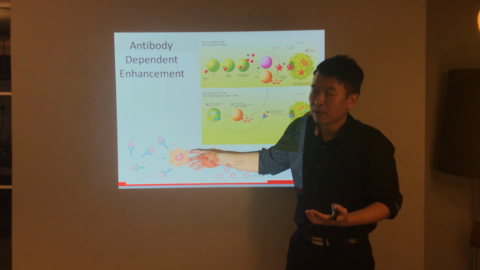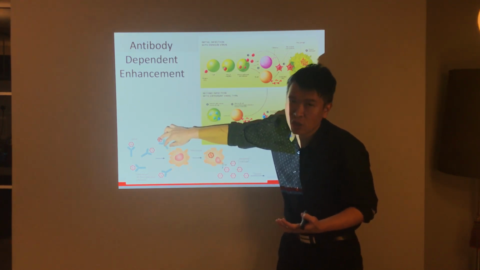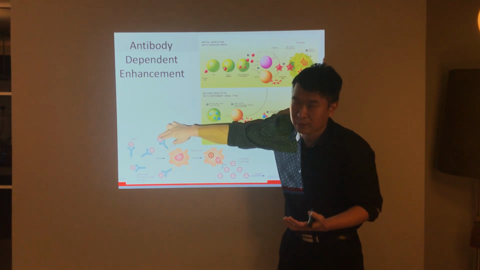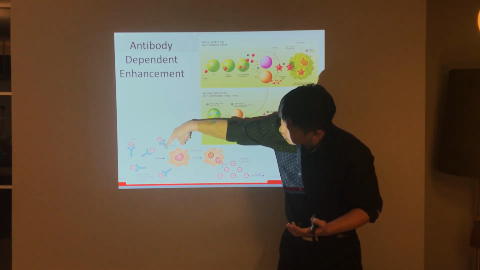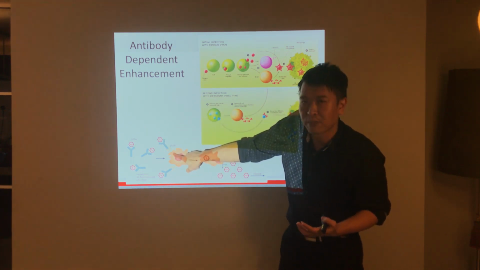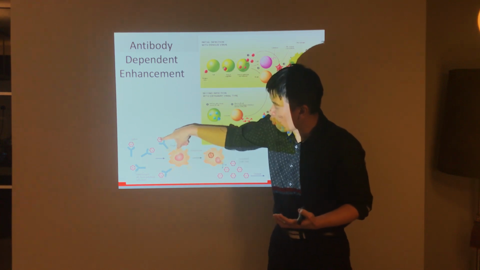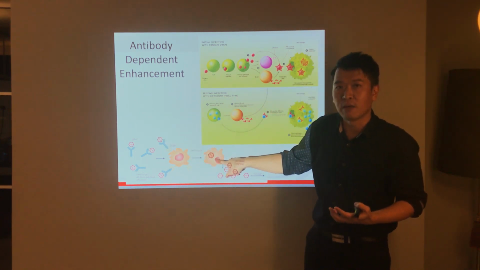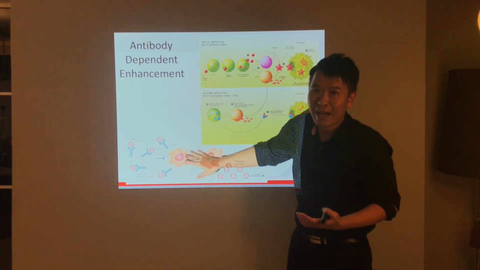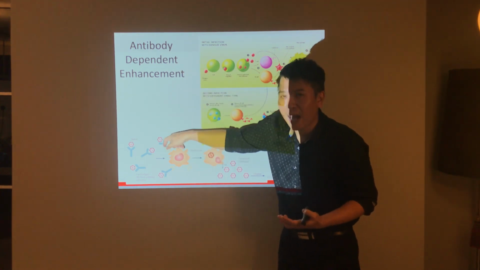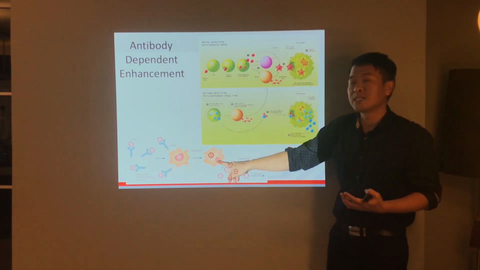These are the cells that will attack the antigen and antibody bound complex. The Fc of the antibody will bind to the Fc receptors on the APC, which will then bring the whole virus complex into the cell. This process we call antibody dependent enhancement. It enhances the binding or the entry of the virus into the APC.